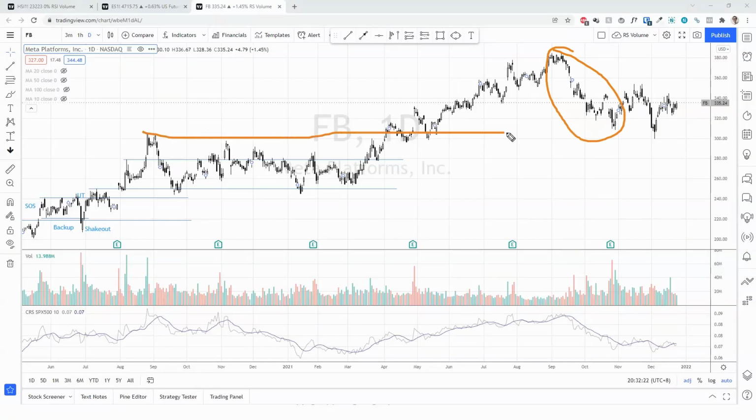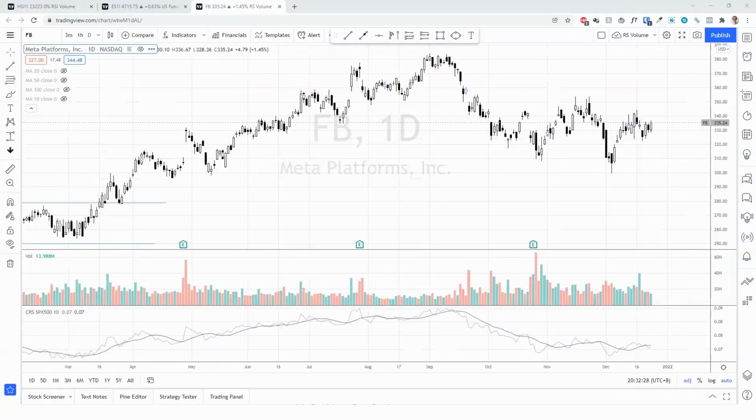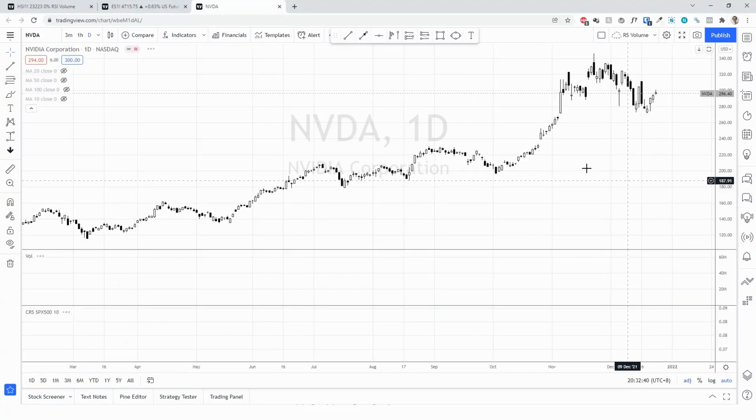It's probably testing the support area at the moment, but I think it's kind of neutral at this point because it's still very much in the trading range, and it can keep bouncing up and down, traveling within the trading range. So kind of neutral.